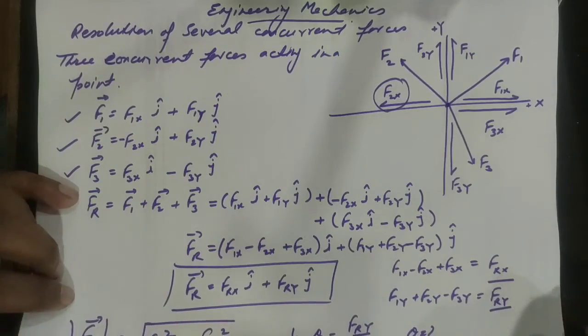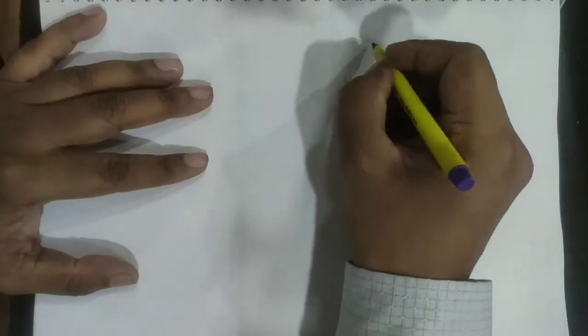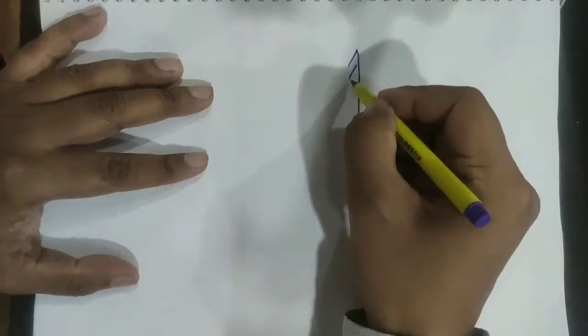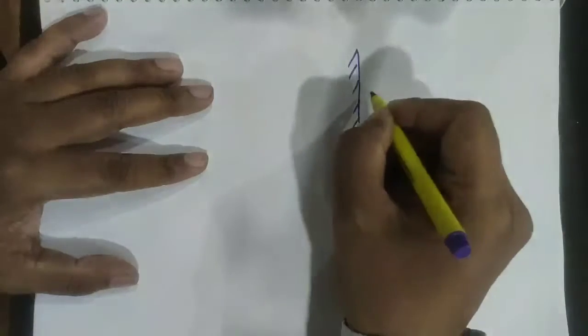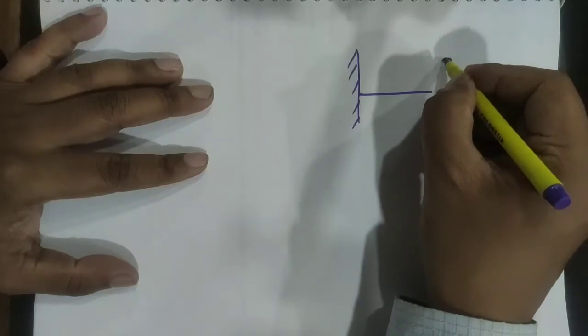Let's move towards the numerical. We are having one problem like this. This is a wall where one bracket is mounted over here.